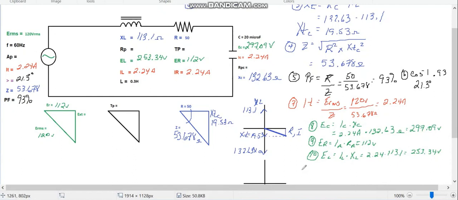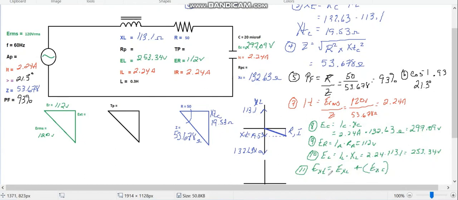So then we say, okay, step number 11 would be add my voltage phasors. So really what we're doing is just adding a negative value. So I would say that my E reactive total is going to be equal to my E inductive voltage plus whatever my EXC voltage is, putting it in brackets, so making it a negative.